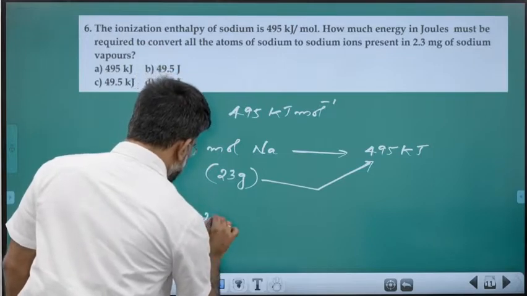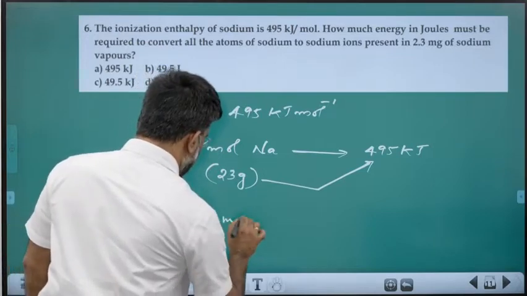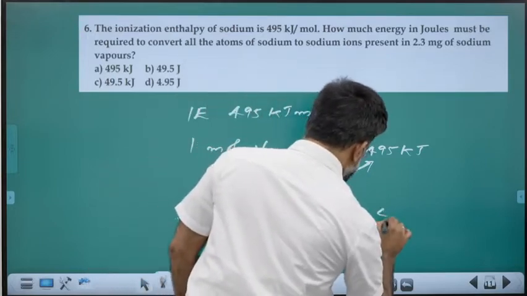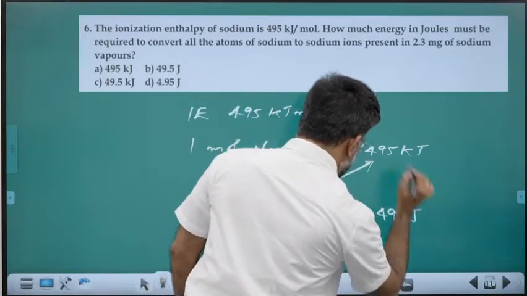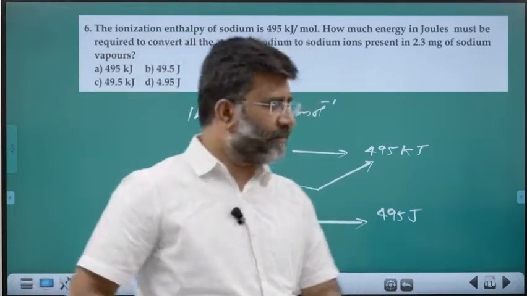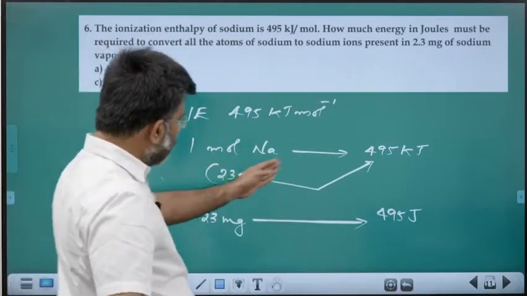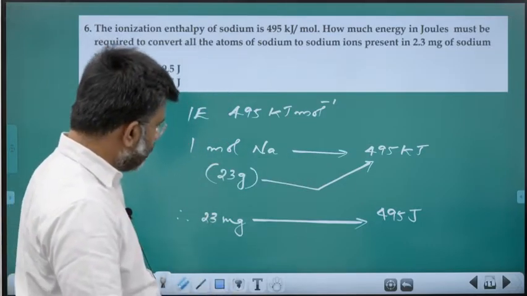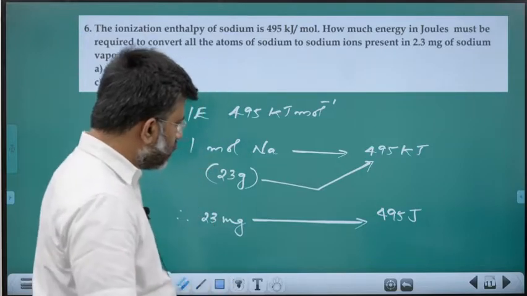Therefore, for 23 milligram, how much will be required? Divide by 1000, that is 495 joule. Kilojoule by 1000 is joules. So 23 gram requires 495 kilojoule, 23 milligram requires 495 joule.